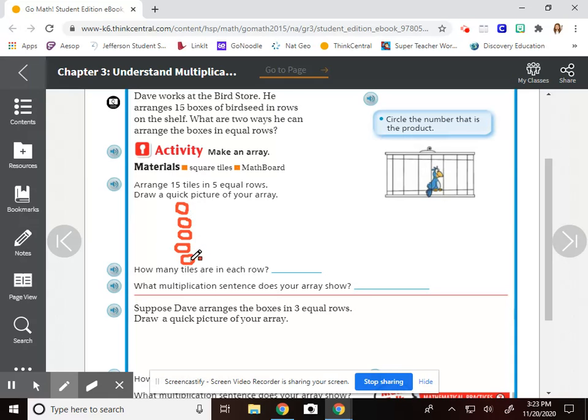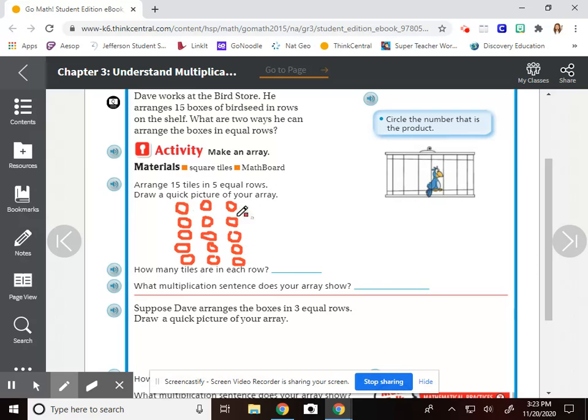So I have 5 here, and each one of these counters is going to make its own row. So I start with 5, 6, 7, 8, 9, 10, 11, 12, 13, 14, 15.